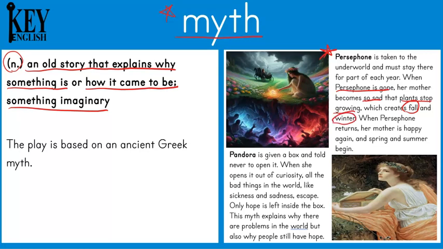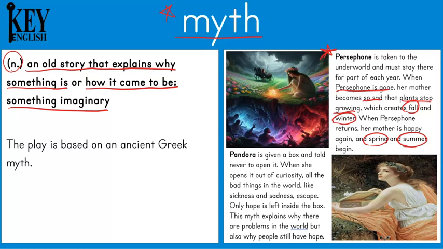When Persephone returns, her mother is happy, and spring and summer begin. So this myth is explaining why there are seasons. People didn't understand why the world has seasons, so they made this story to try to explain why that happened.